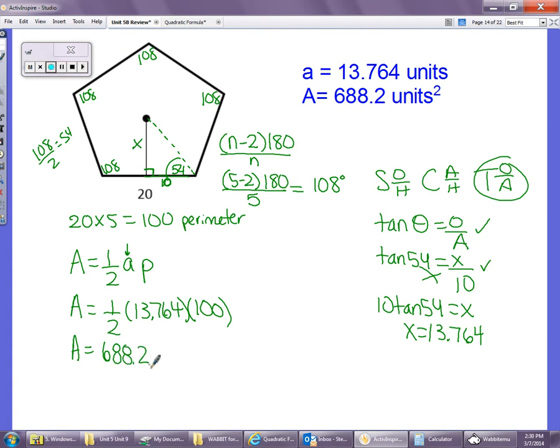And remember that it's area, so you got to have units squared. Okay, so you will use SOHCAHTOA for every polygon except for a hexagon and except for a triangle.